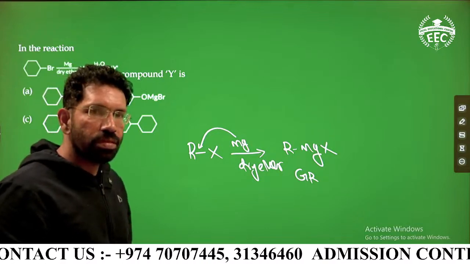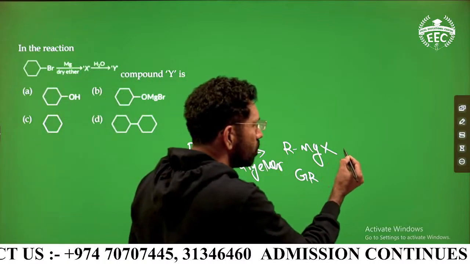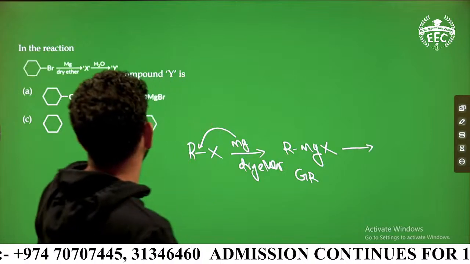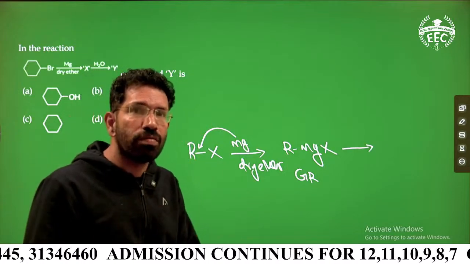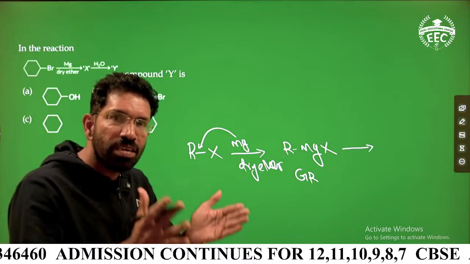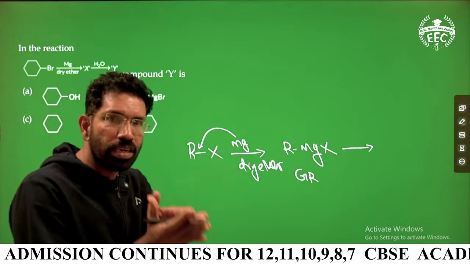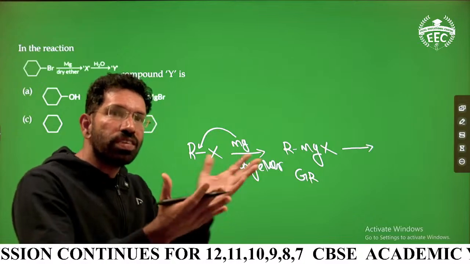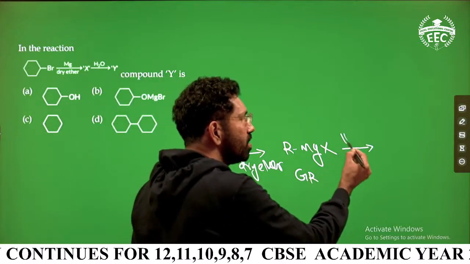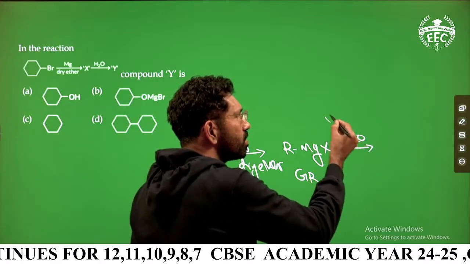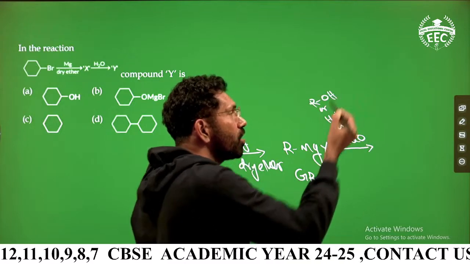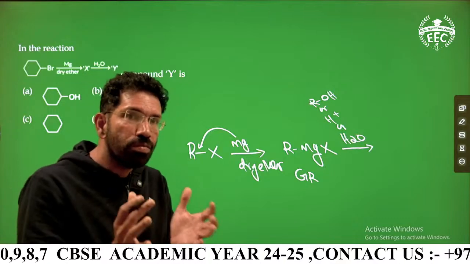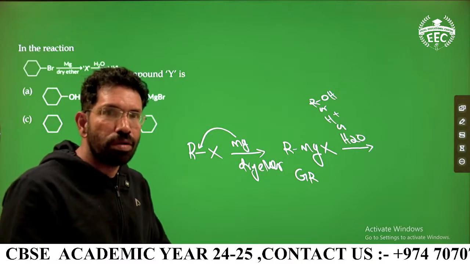Then Grignard's reagent on treating with any protic solvent. What do you mean by protic solvent? A solvent containing H+, or a solvent which can produce H+. It can be water, acid, or even ROH, alcohol. Remember, you have to learn that.